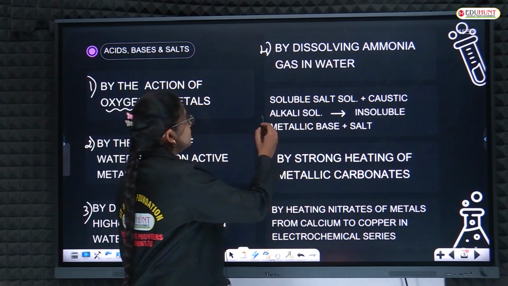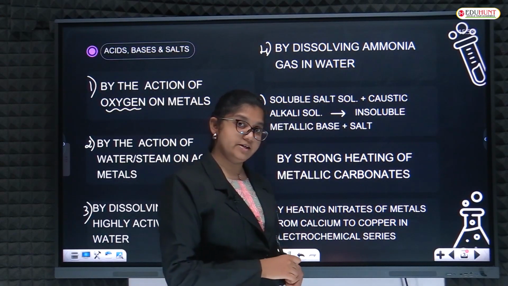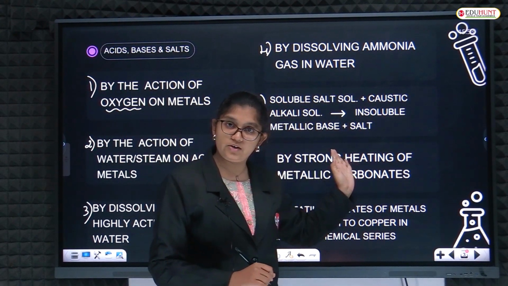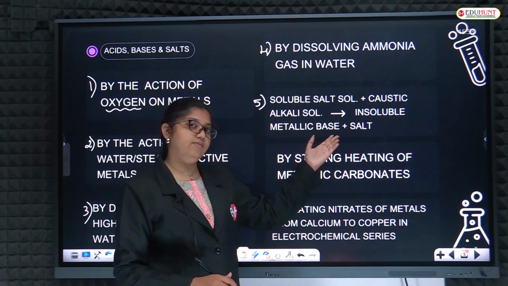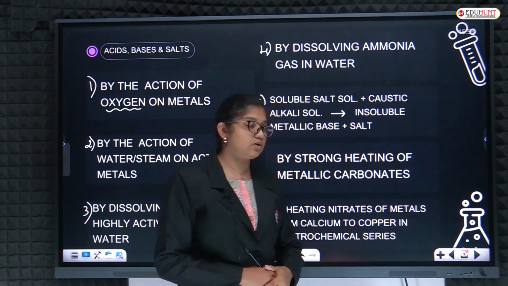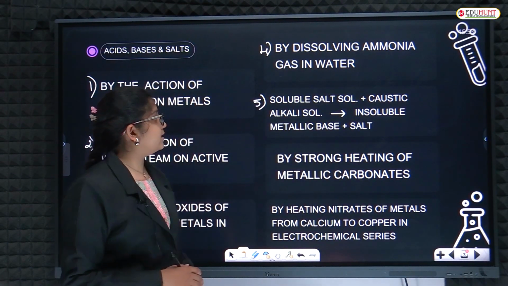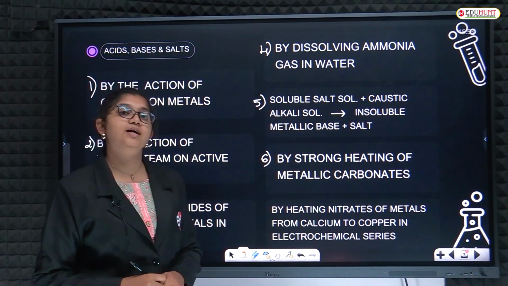The fifth one is soluble salt solution plus caustic alkali solution. If we add these two, we get an insoluble metallic base directly, and we also get a salt. The sixth one is by strong heating of metallic carbonates.